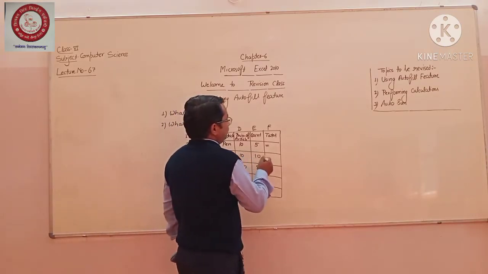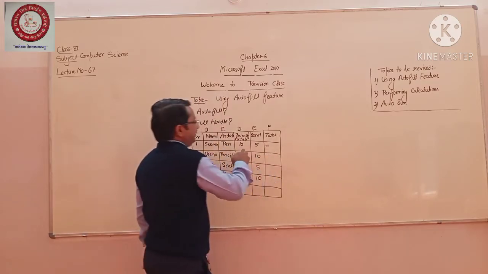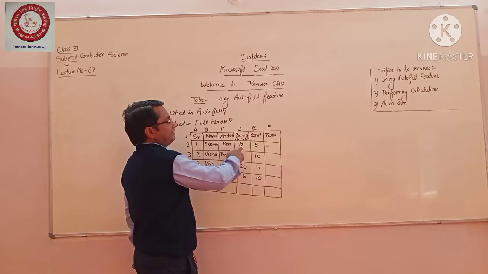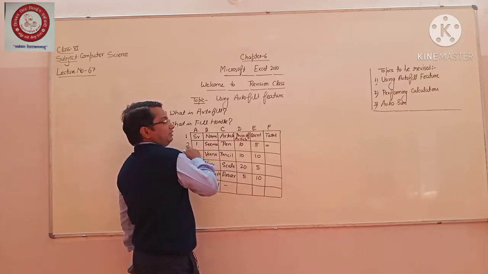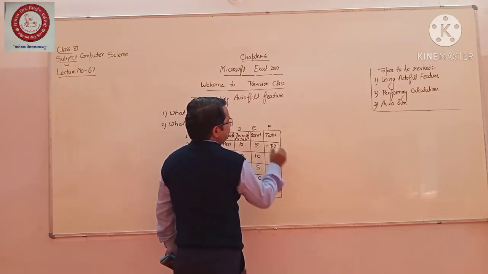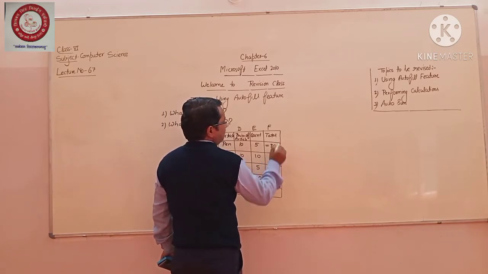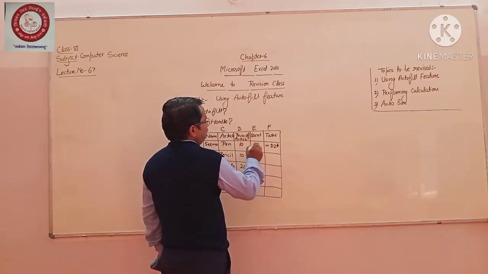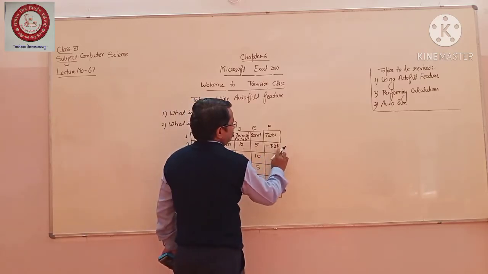So I have just put the equal to sign, and then I will write the address of this cell. What is the address? See, D is written here, and the number is 2, so I will write D2. After that I will put a multiply sign, and then the address of this one, E2.